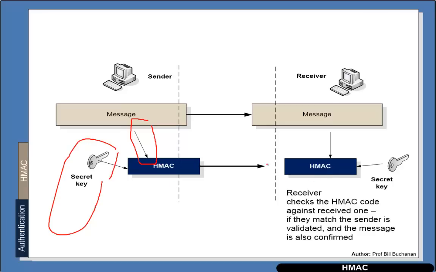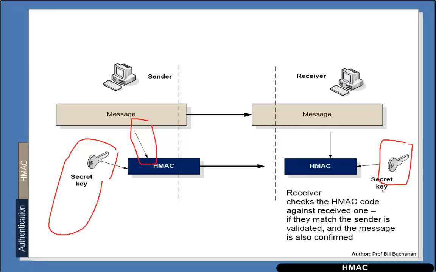And then we send that over, and then only with the secret key can Alice determine the hash of the message. So if the HMAC messages match, then everything is correct, and the intruder hasn't got in and changed the message.